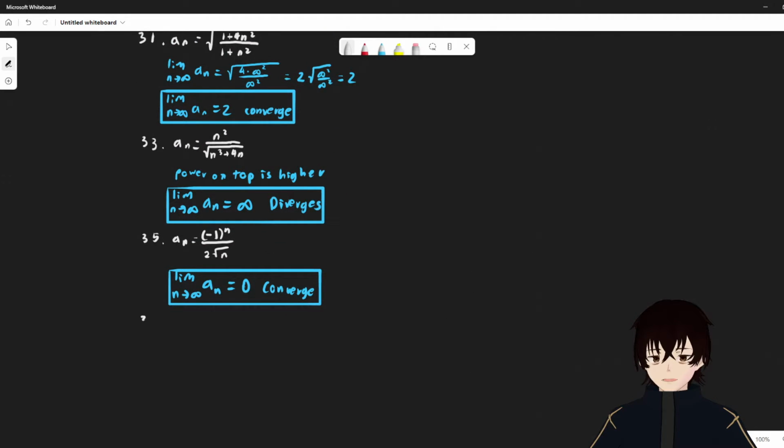Then for 37, we got the sequence of (2n minus 1) over (2n plus 1). These are factorials.